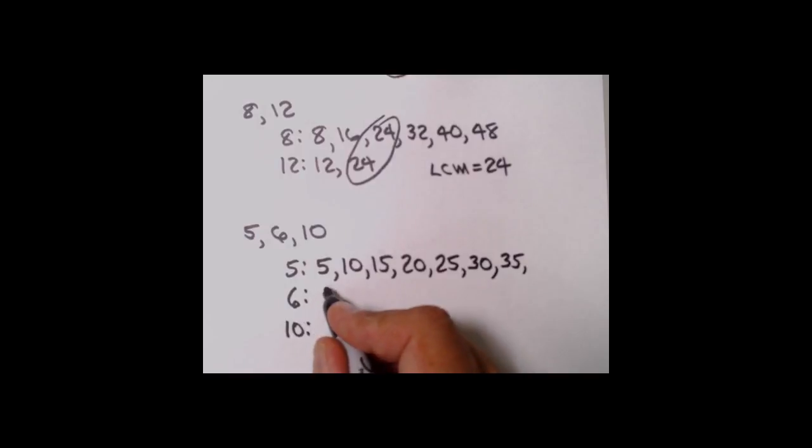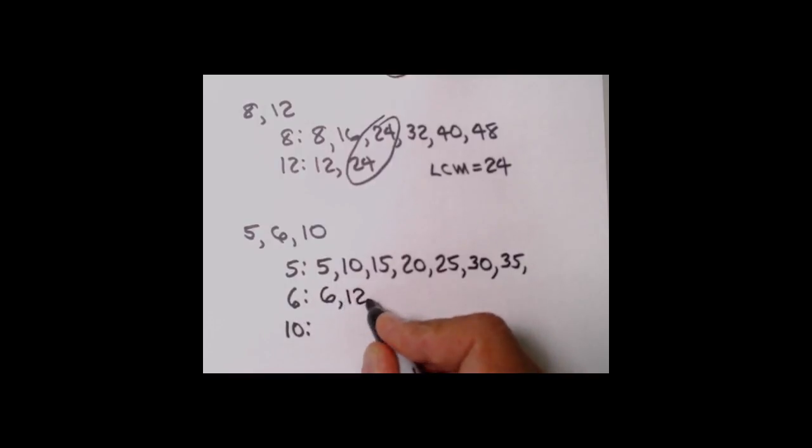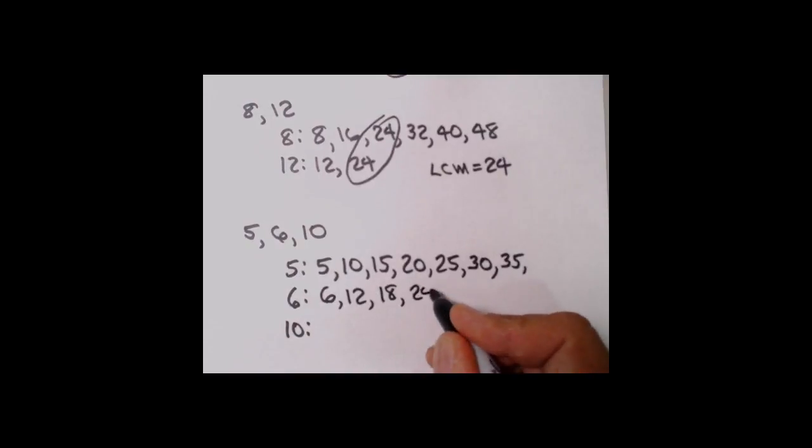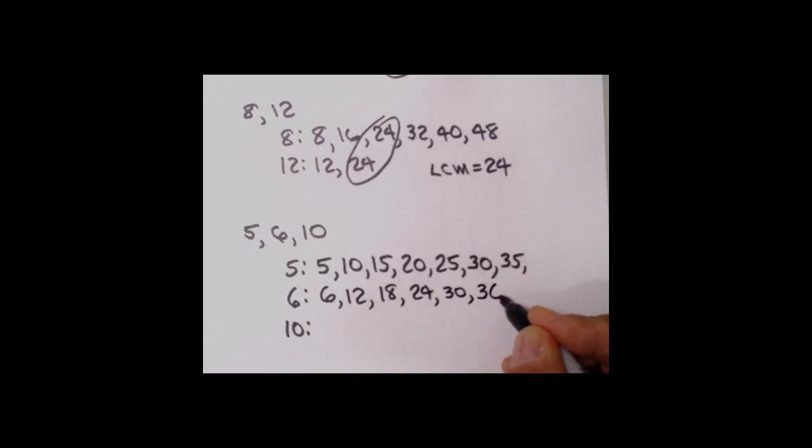6. First multiple of 6 is 6. Add 6 to that, we get 12, and then 18, and then 24, and then 30, and then 36. Well, we see there's a common 30 here, but it's got to be common for all of our numbers, including the 10 down here.